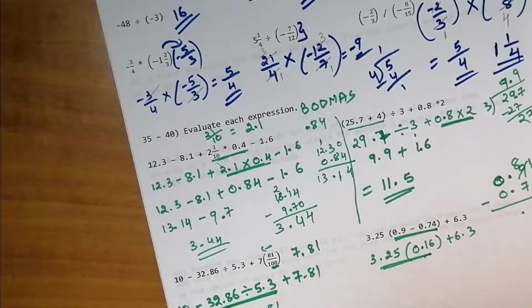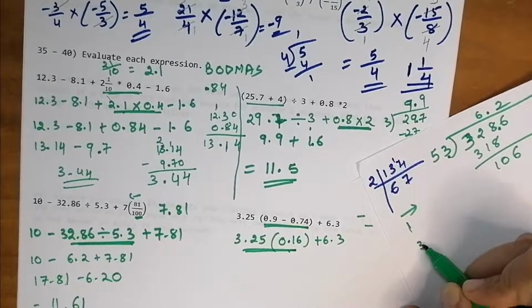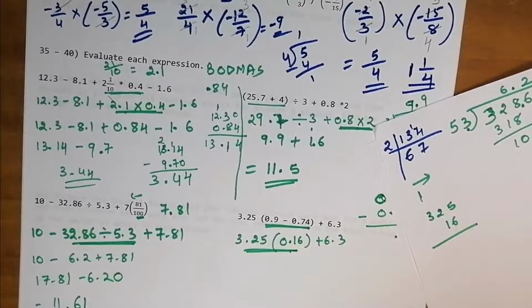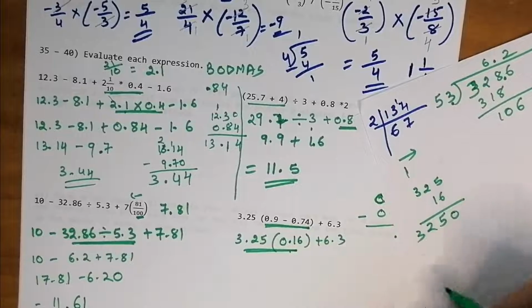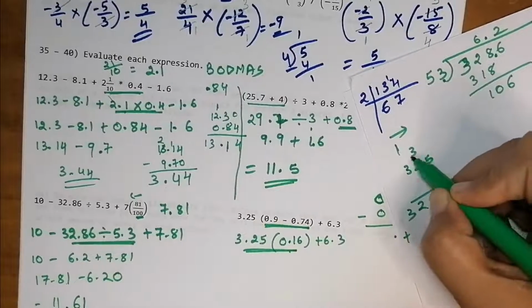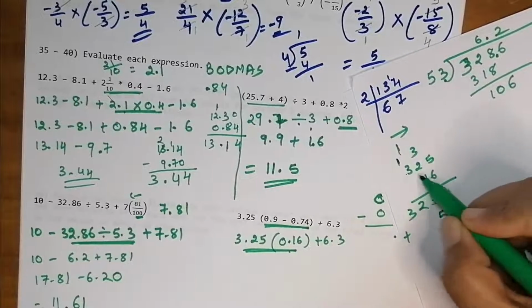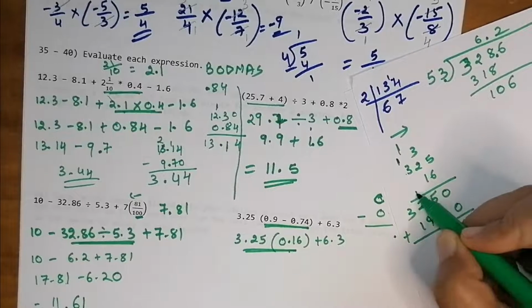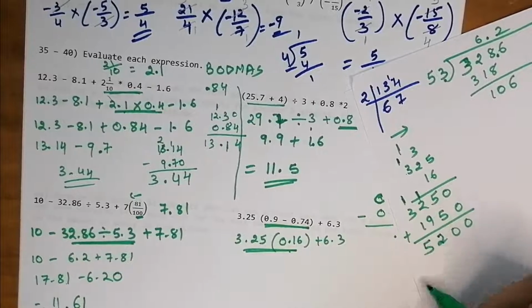So let's call our rough paper here. So this is 325 times 16. Let's do that, and then we will put our decimal points, right? So 1 times 5 is 5, 1 times 2 is 2, 1 times 3 is 3. 6 times 5 is 30, 3 here, 12 plus 3 is 15, 1 here, 18, 19, right? 0, 0, 3 and 9, 12, 1, 5, right?